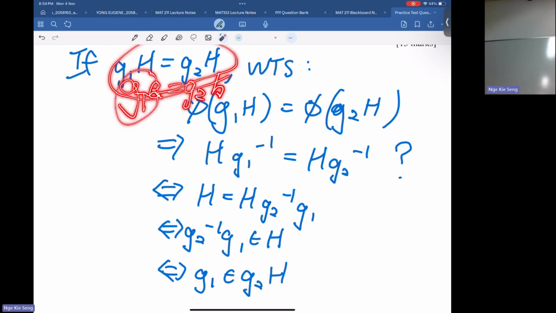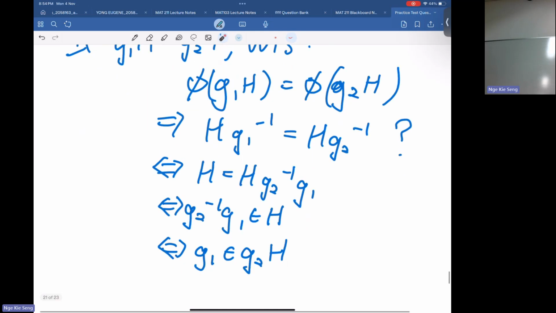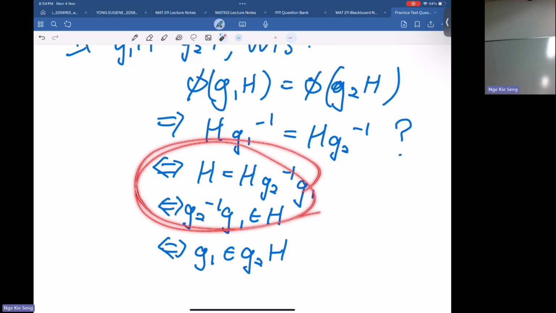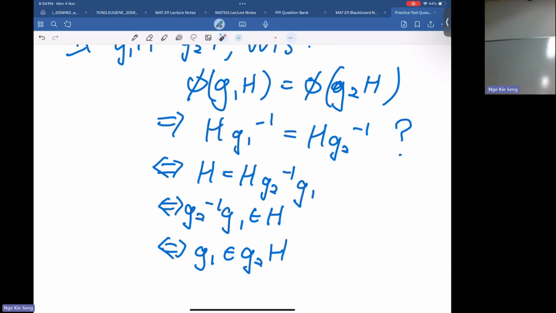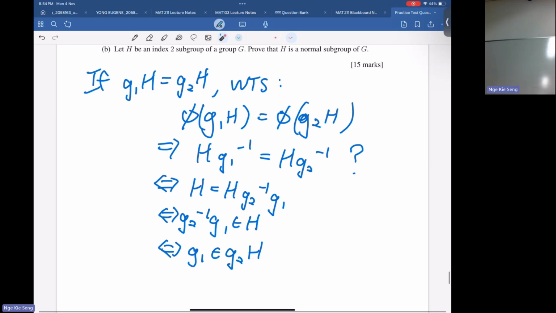Okay, meaning G1 lives in G2H. So by the TFAE, not only the TFAE, you already have this condition. Actually, the TFAE, I use it here. I use it here. Okay, yeah.